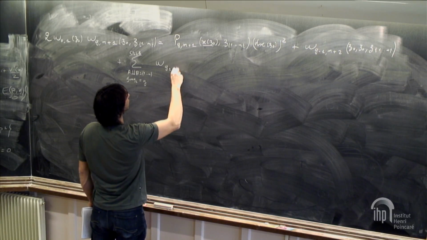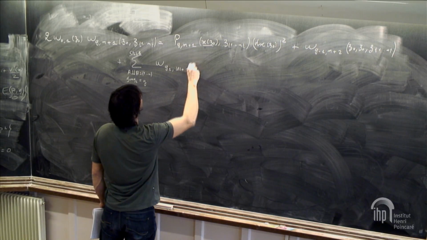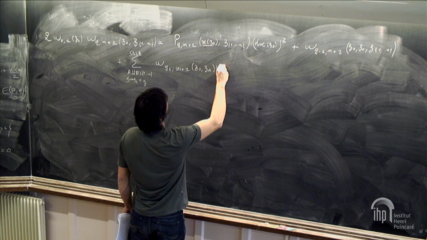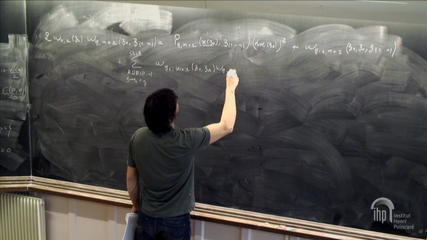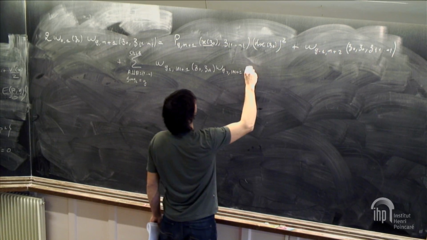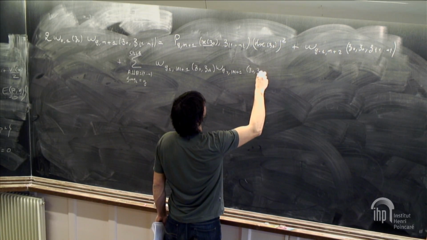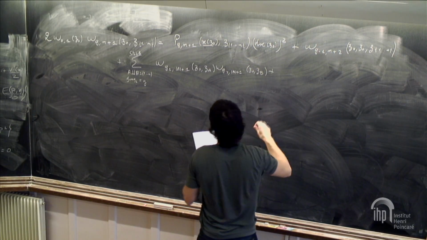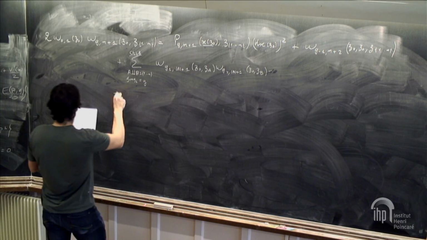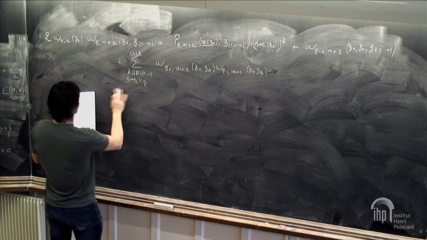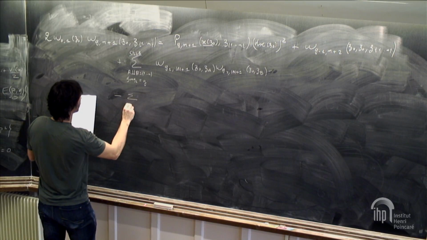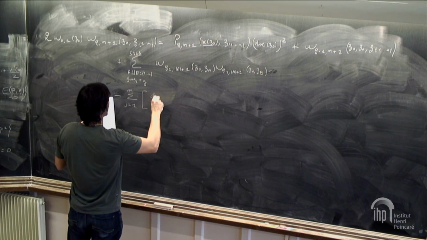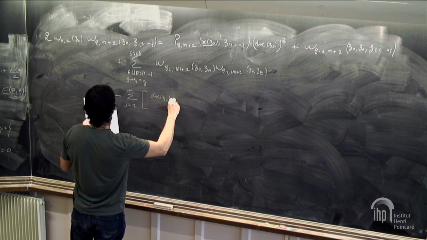Omega_{g1,|A|+1}(z0, zA) omega_{g2,|B|+1}(z0, zB), plus, and now, yeah, I will write it down here. A minus sign, sum over j going from 1 to n. And it's the last long expression for the day.